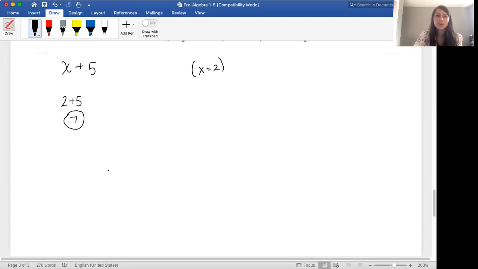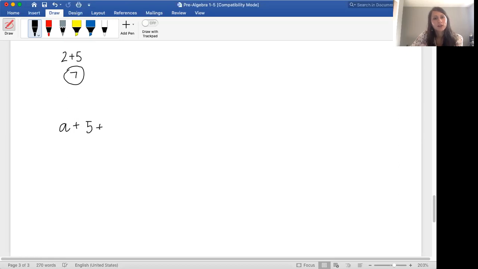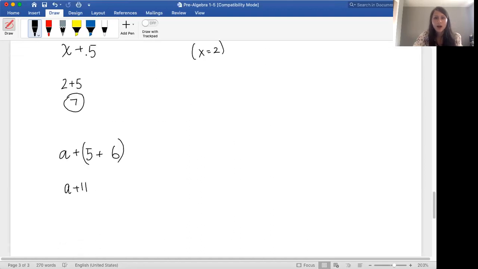We've also worked on simplifying expressions with variables. So if we have a plus 5 plus 6, we could combine our numbers and make this a plus 11, right? And then we've also been graphing. So here's the cool thing. If I had an equation like x plus 2 equals y, I could actually turn this into a graph.